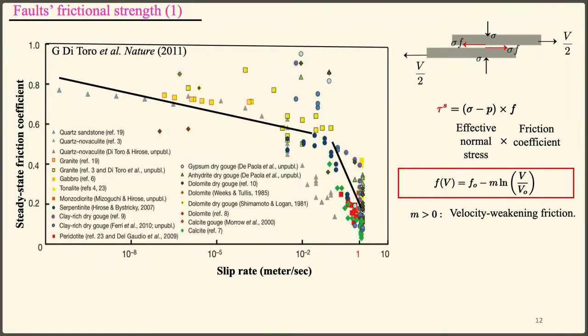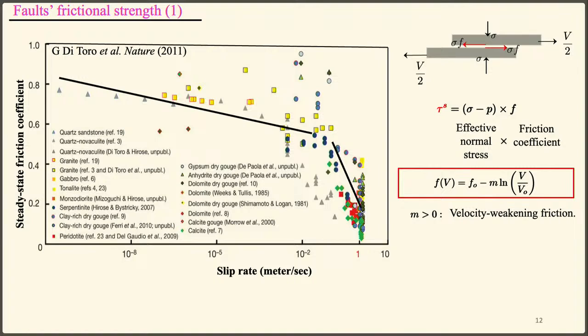Let's move to experiments a little bit. In lab experiments on just sliding blocks, on a range of rock samples and in all the labs performing these experiments, it has been seen that the frictional strength between the rock samples is sliding rate dependent. For any sample, for example, there is a decay in the strength for many samples. So this is like a weakening with respect to sliding rate.